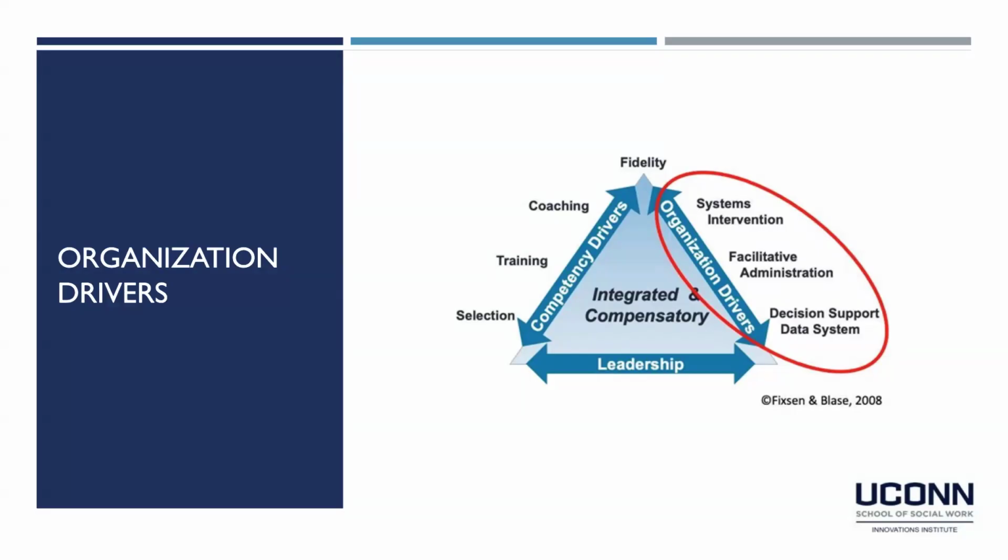An important function of the pyramid model PLT is developing a DSDS that is practical for the program and that provides meaningful information about both outcome data, for example, changes in social emotional skills in this case, and fidelity data, which we talked about previously. It can be overwhelming to think about creating a data system, but I encourage you not to overthink this piece or to make it more complicated than it needs to be.